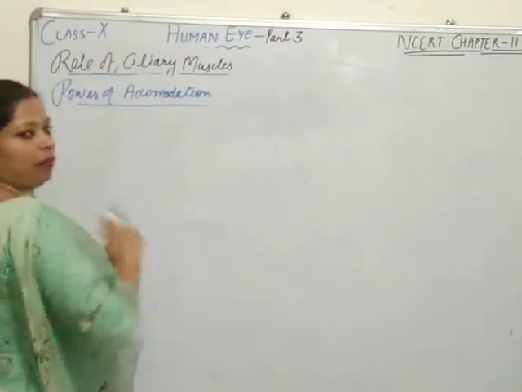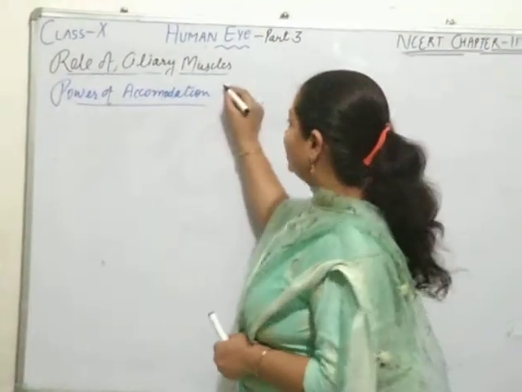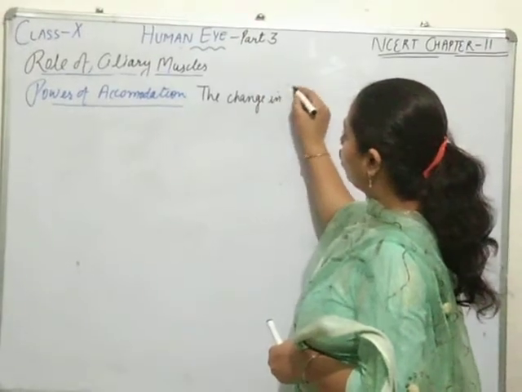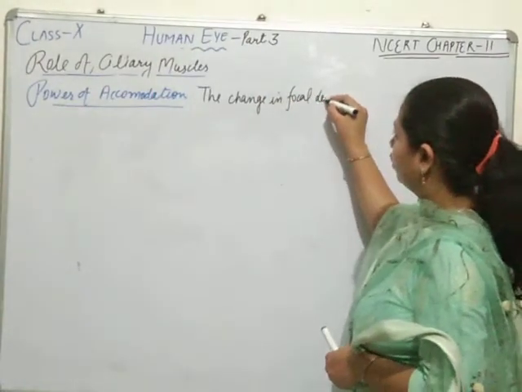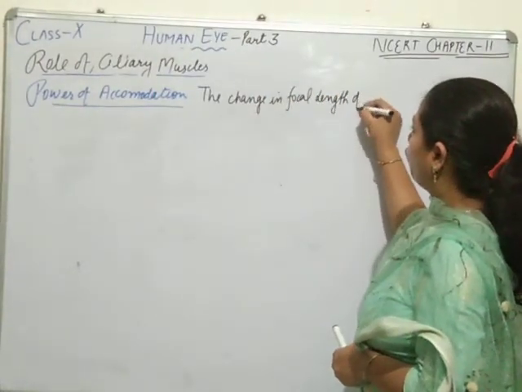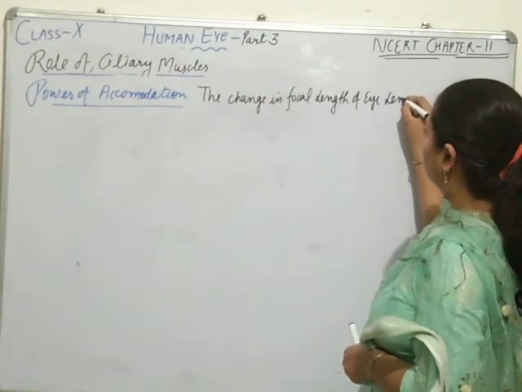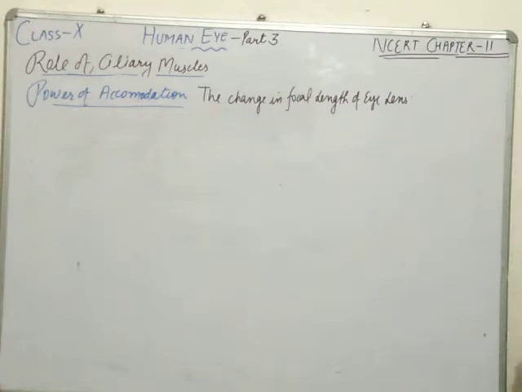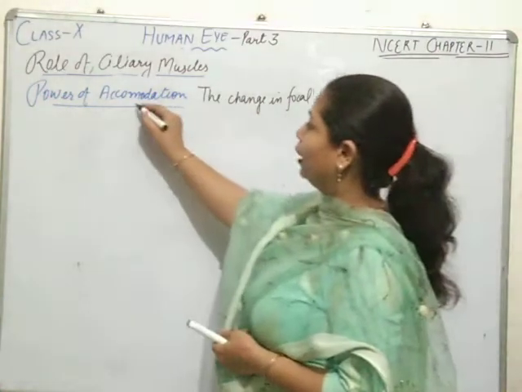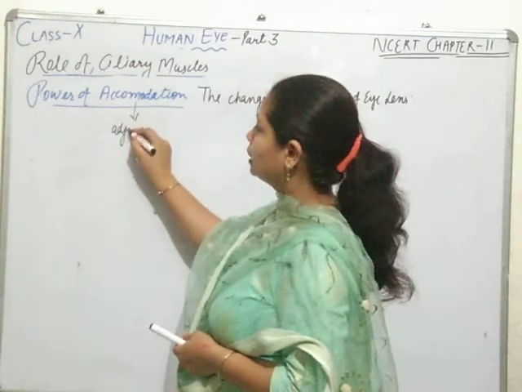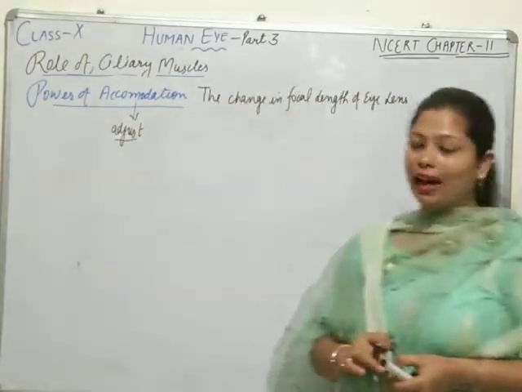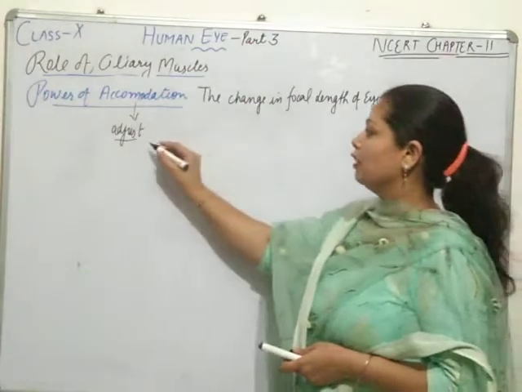So what is power of accommodation? The change in focal length of eye lens. This adjustment is known as power of accommodation. Accommodate means what? Adjustment. To adjust. It is the ability of eye lens to change its focal length.